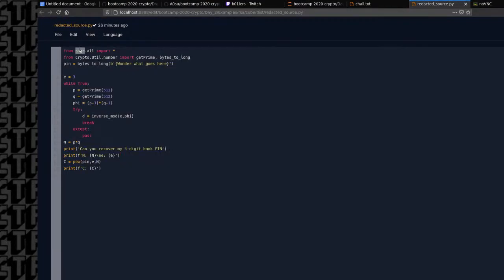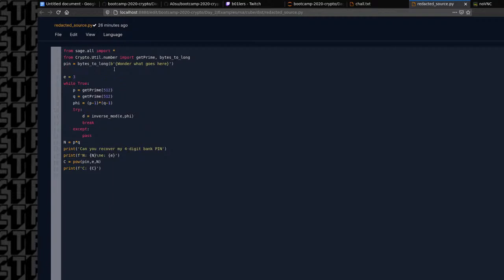As I said before, it's just a math software built out of Python. So this time, remember, it says 4-digit bank PIN. So this here would contain 4 numbers.